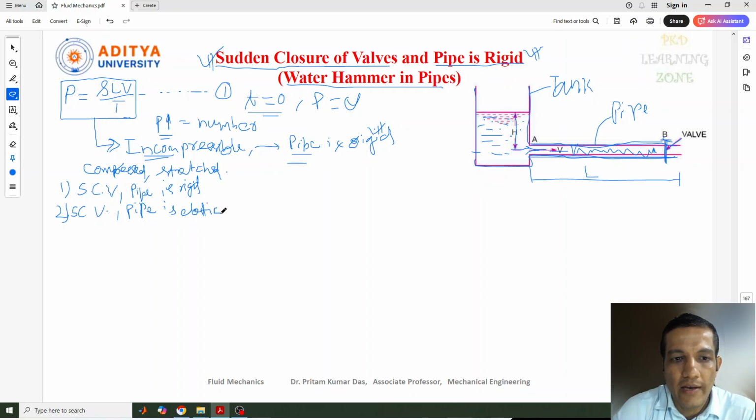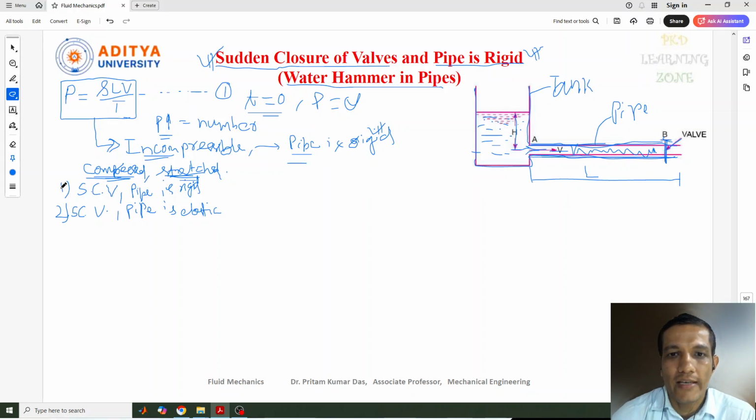These two new terms came here because, due to the sudden closure of this valve, a high pressure wave is formed, and due to this high pressure wave, the fluid will be compressed to some extent and the pipe is going to be stretched. So two conditions can be considered: sudden closure of valve when the pipe is rigid, and sudden closure of valve when the pipe is elastic.